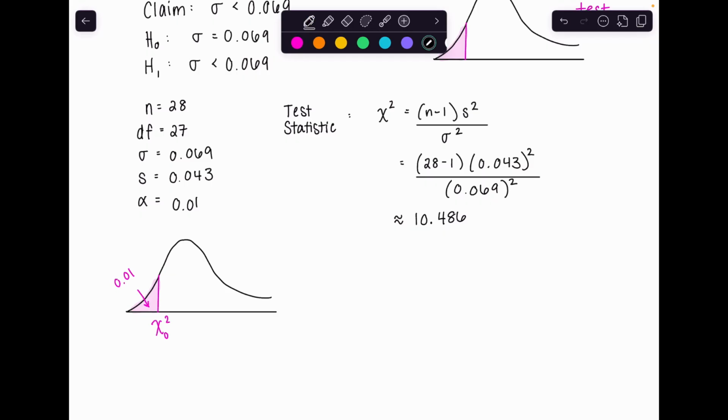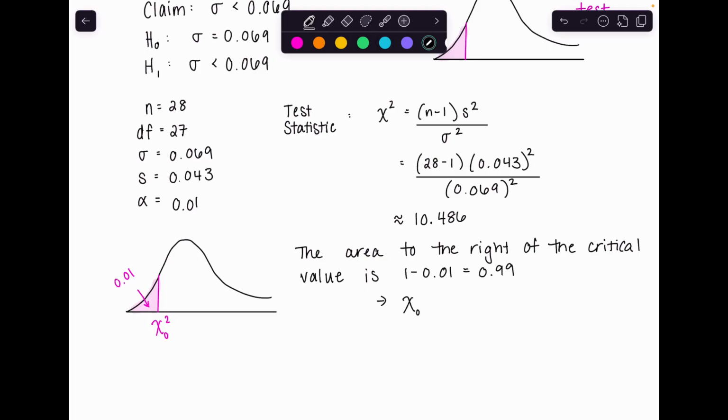But using my chi-squared table, I need the area to the right. So the area to the right of the critical value is 1 minus 1%, which is 99%.